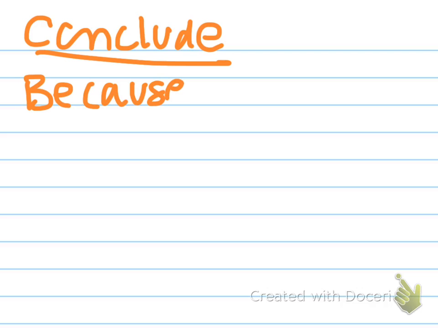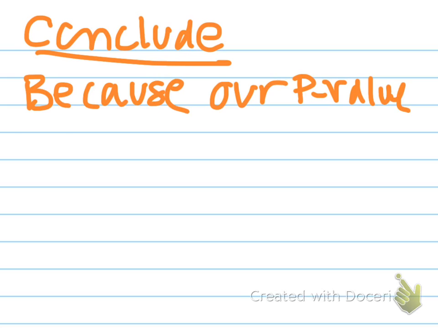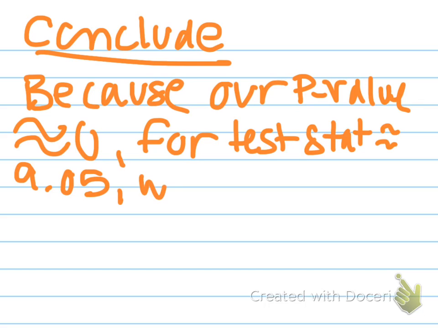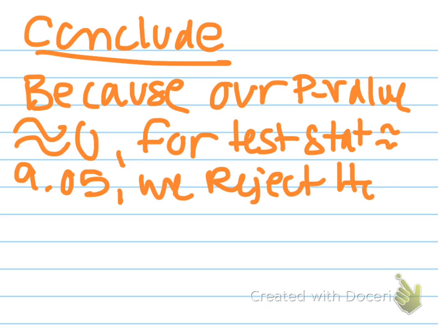Because our p-value is approximately 0, I'm going to say that because there are just so many zeros, for a test statistic, that's your t-score in this case, or your z-score if you were dealing with proportions. So for a test statistic of approximately 9.05, we reject H naught at alpha equals 0.05.